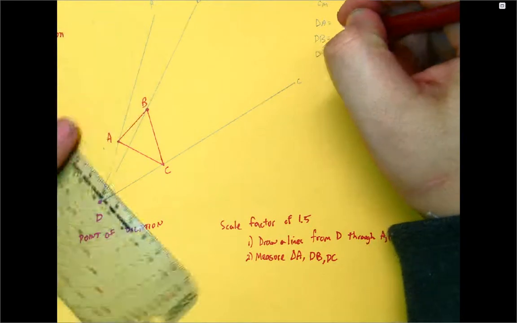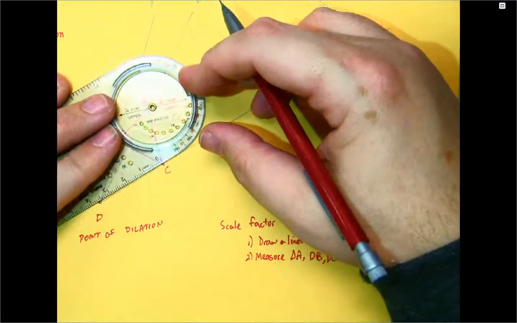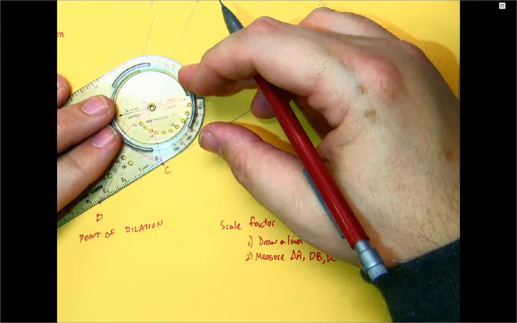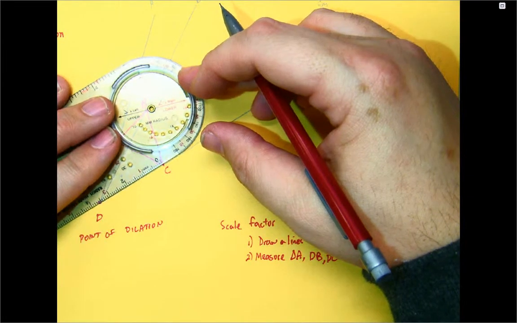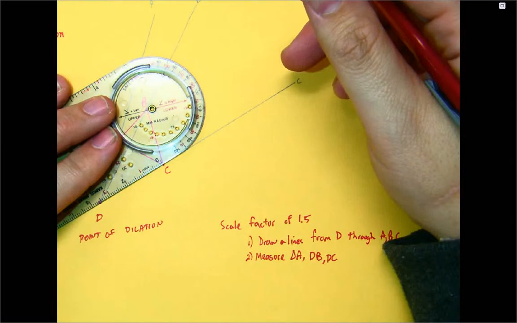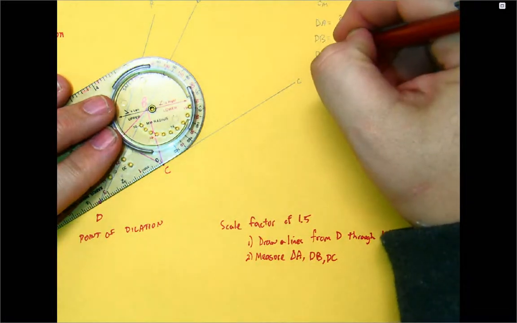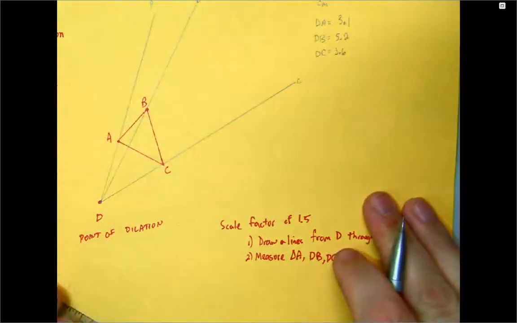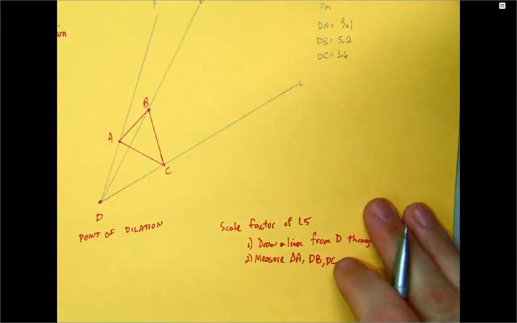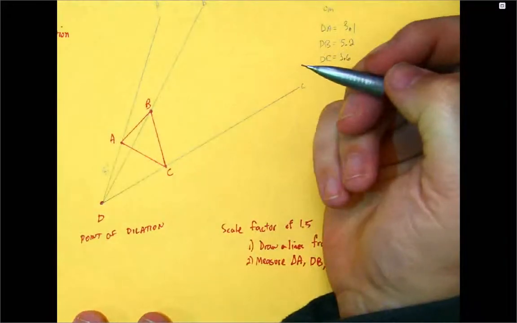And then DC looks to be about 3.6. So I got 3.1, that one was 5.2, and this was 3.6.